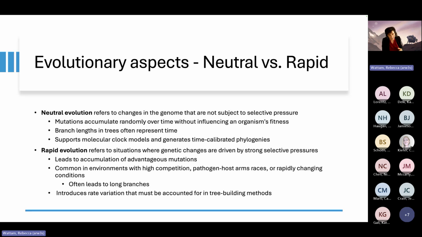Rapid evolution is when you have those strong changes and they're getting a lot of mutations that are advantageous to them, that are helping them defeat the host immune response. These bacteria are under attack. It's not like I'm a human host, so I don't care if they're under attack or not. But if you're a bacterium, they're fighting with each other.